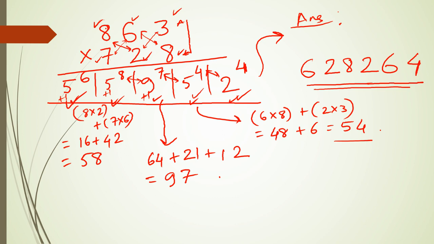What is it? 97. You can still do it mentally actually, but in case you're doing it for the first time, then you can just write this. 97, these three terms, and you can fill this 97. Okay, and you see this entire calculation you can just write in one line like this. Otherwise, it will take such a long time.